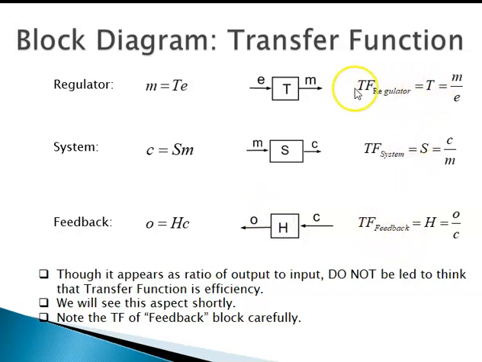In each case, you can see the transfer function T is defined as the ratio of M to E. S is defined as the ratio of output to input. The transfer function H is O over C, where O is the output and C is the input. In passing, we note that though it appears similar to efficiency, do not be led to think that this transfer function is efficiency. We'll see what this transfer function is, and its significance, in subsequent videos.